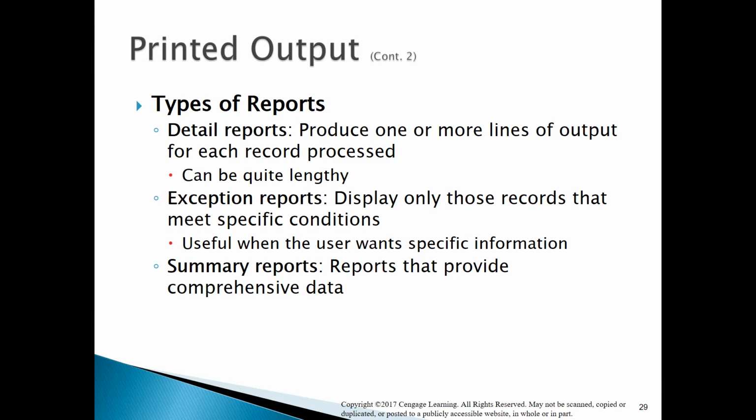The condition is personnel absent last week, so you make a report of it. When a report has a specific condition, it is called an exception report. Summary report provides a summary of certain events for a period of time.